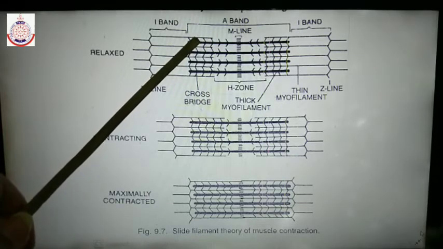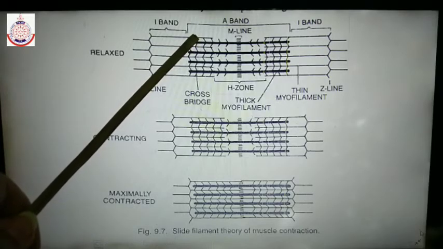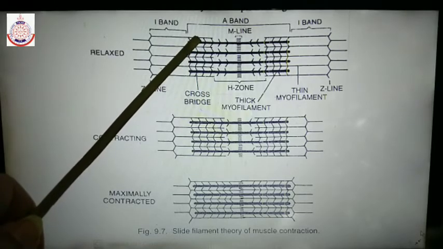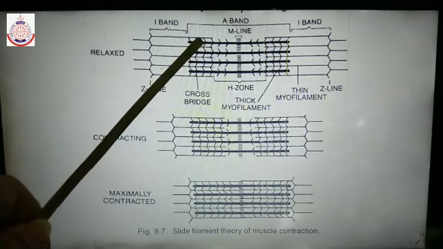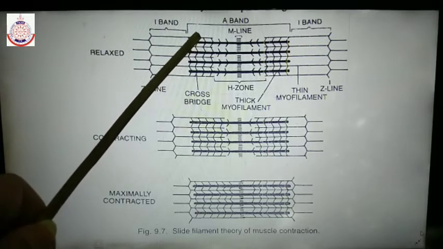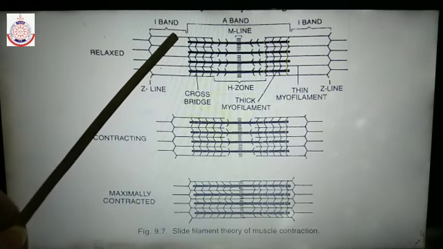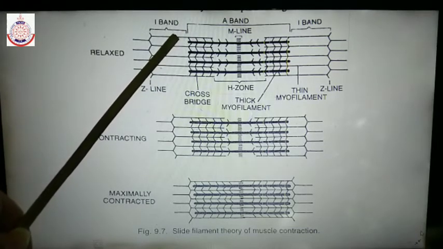Then troponins are removed from the actin filament and unmask the active site. ATP combines with the myosin head, energy is released, and it helps the myosin head make contact with the actin filament. These myosin heads are in contact with the thin filament or actin filament.